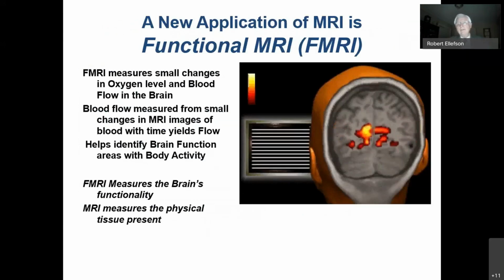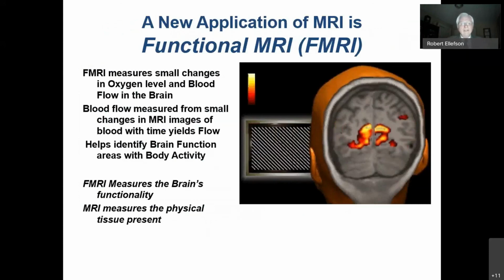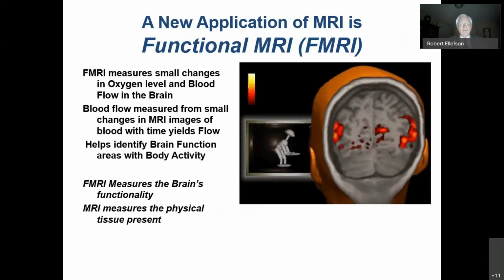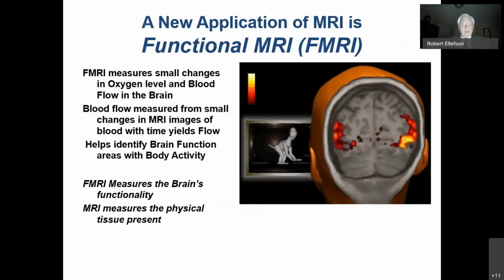There's a new application of MRI, which is functional MRI. Functional MRI measures small changes in oxygen level and blood flow in the brain. These are measured from changes in MRI images taken successively in time.